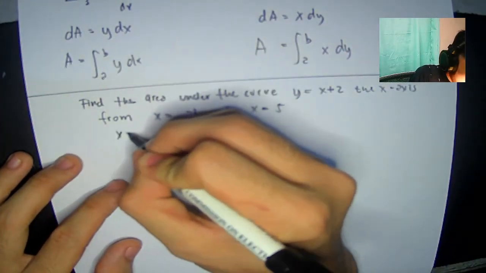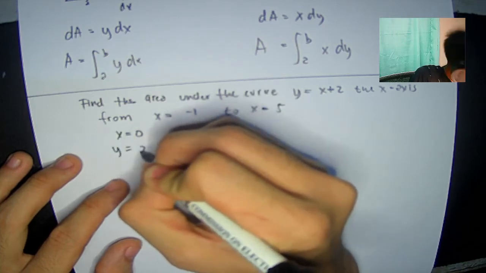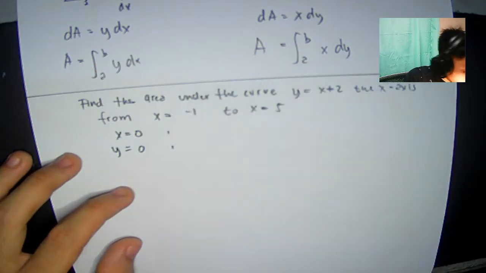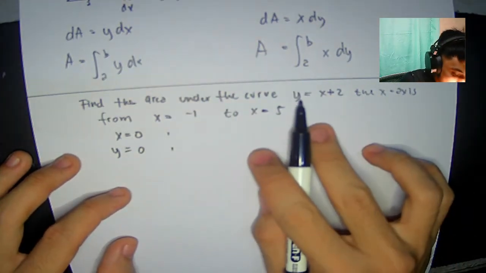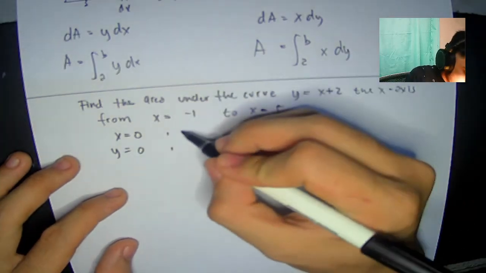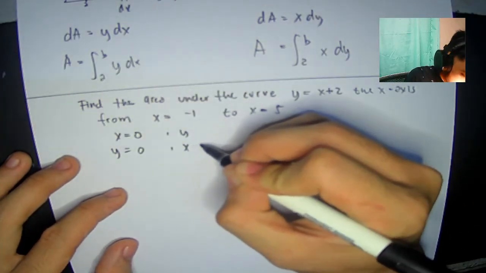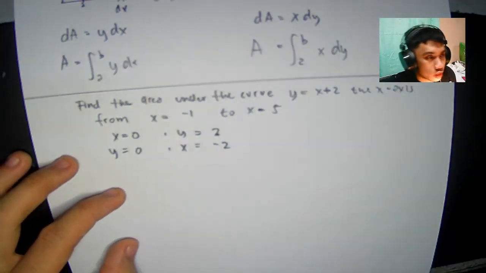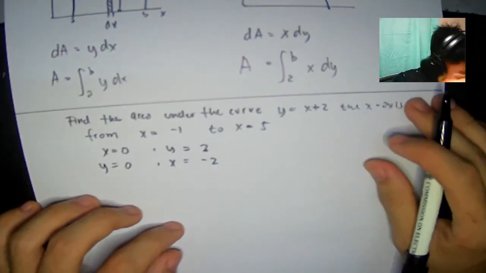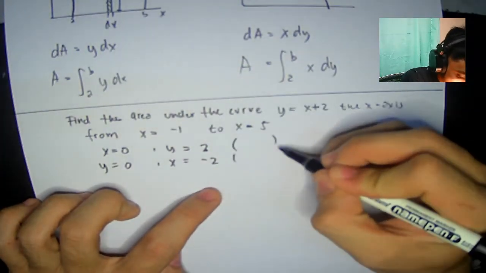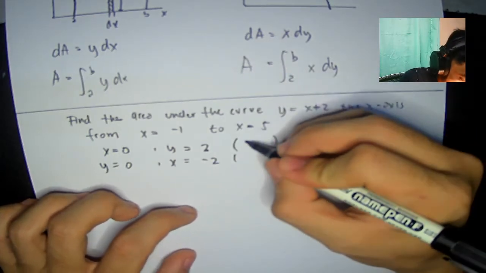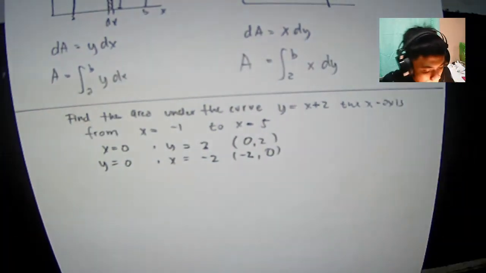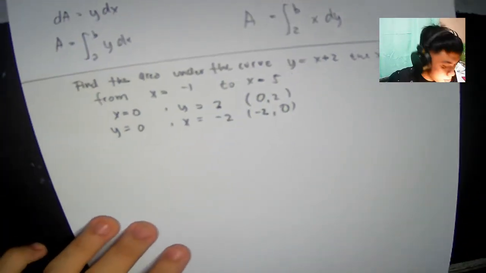So x equals 0, y equals 2, and since y equals x plus 2, when y is 0, x is -2. So our coordinates for the curve are (0, 2) and (-2, 0). Let's plot it.